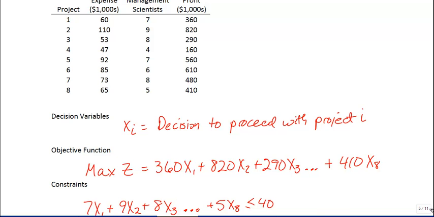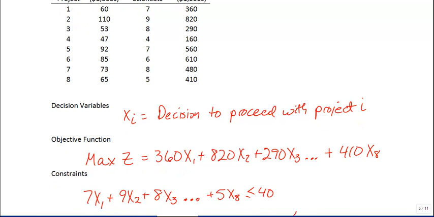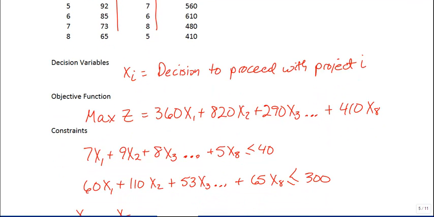Our two resource constraints: management scientists, 7x1 plus 9x2 plus 8x3, and so forth. That total has to be less than or equal to 40 management scientists. For our budget, 60x1 plus 110x2 plus 53x3, and so forth, has to be less than or equal to $300,000.